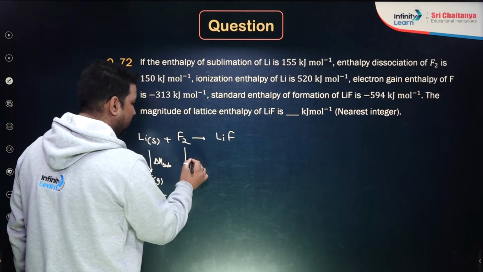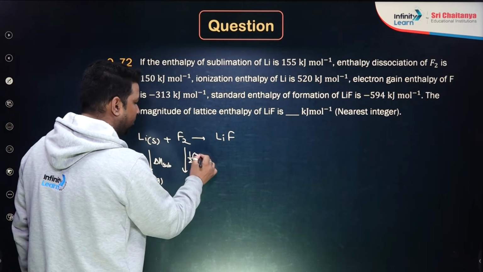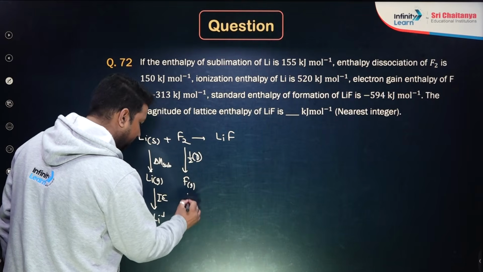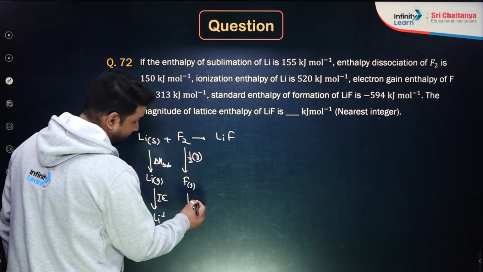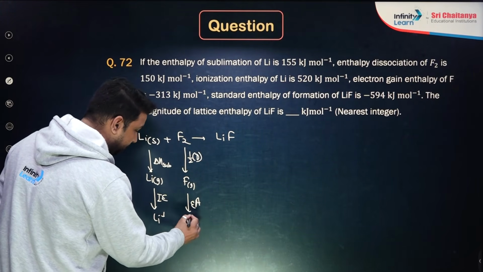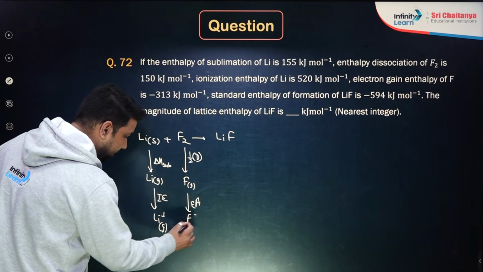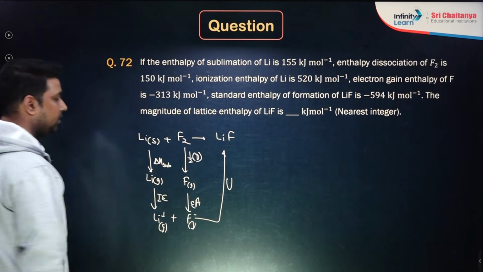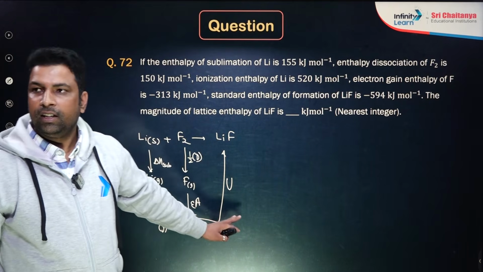Then we give half of the bond dissociation energy, which will convert it to fluorine gas. Then we provide the electron gain enthalpy, and F- and Li+ are in gas form. They form a solid, and the energy will be released in the form of lattice energy.